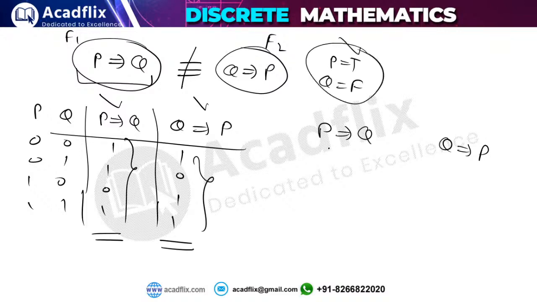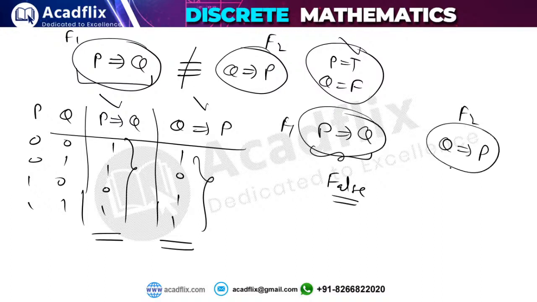In this situation, formula F1 will become false, but formula F2 will become true. Why? Because Q is false, and whenever the LHS is false, then automatically the implication becomes true.